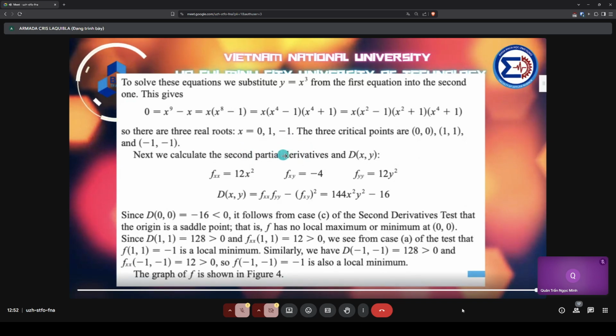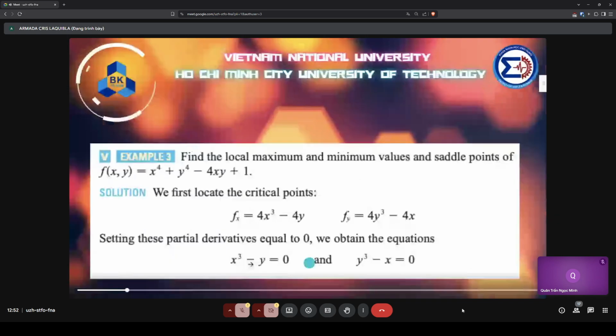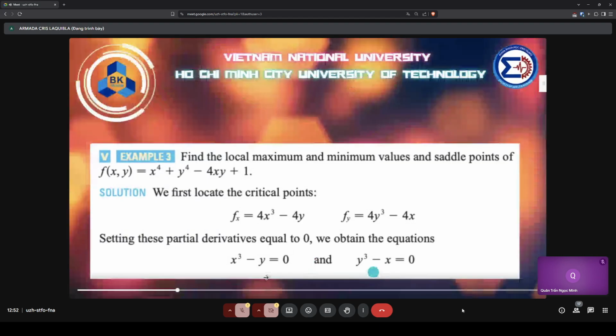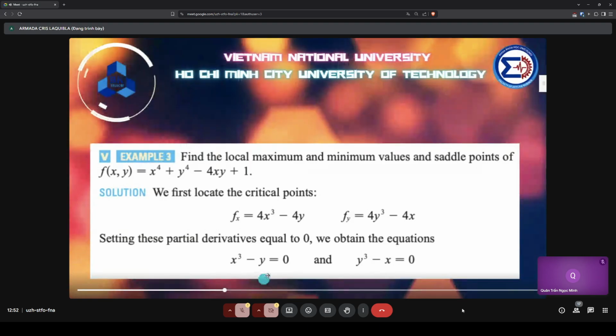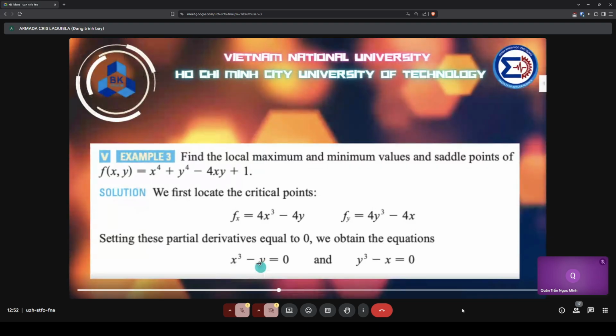Now, what to do, class, is you substitute the 0, 1, and -1 here so that you know the partner, the value of your y. Example, if your x here is 0, x cubed is equal to y, right?